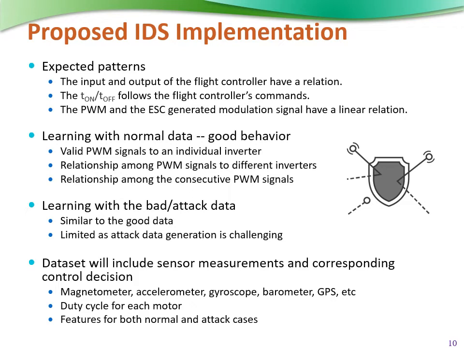The magnetometer, accelerometer, and gyroscopes are on board, and external sensor measurements will be considered as well. We will consider duty cycle, that is the PWM signals, and also the ESC generated signals. Our features will cover both normal and attack cases.